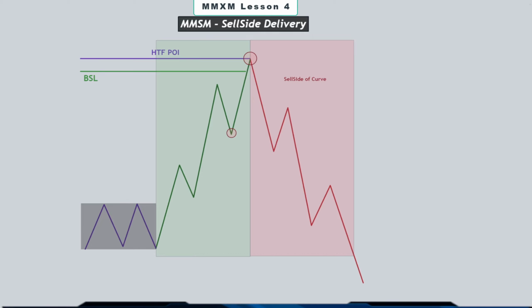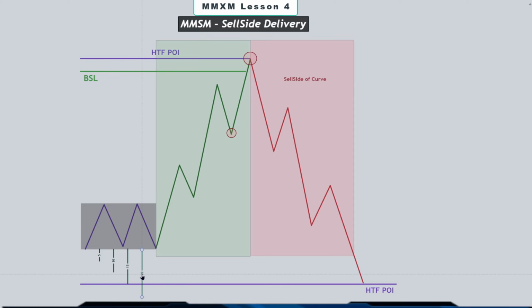But if we have a higher time frame point of interest sitting below those areas, we can now have something called pip range. We can grid the pip range at 5 pip, 10 pip, 15 pip and 20 pip. If a higher time frame point of interest is aligning with or is in close proximity to any of those pip ranges, that will be a high probability target for you to look for.